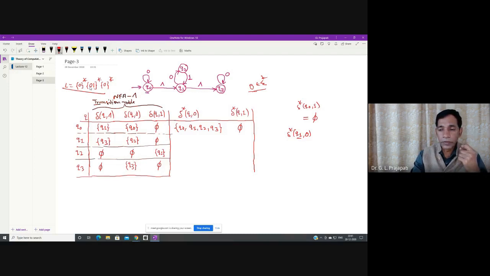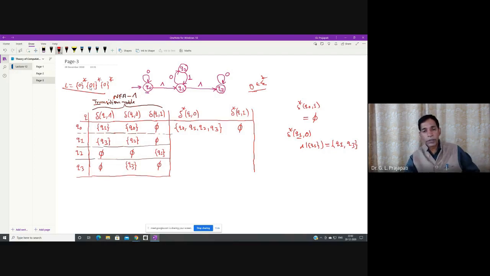The null closure of Q1 is the state Q1, and from Q1 you have the null transition, so you are going to Q3.